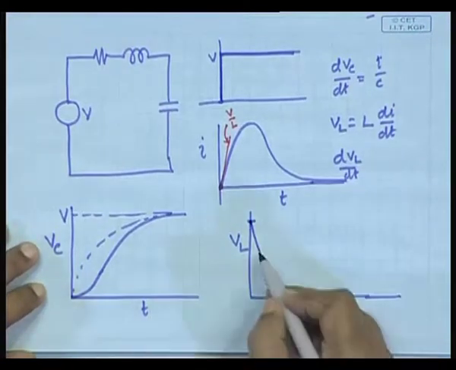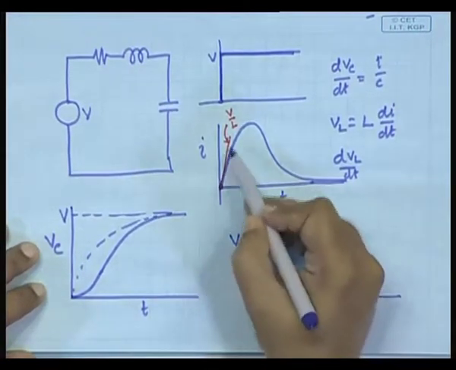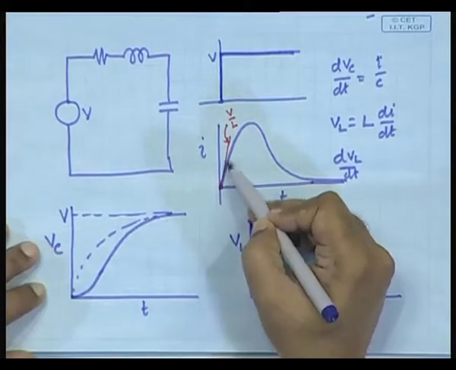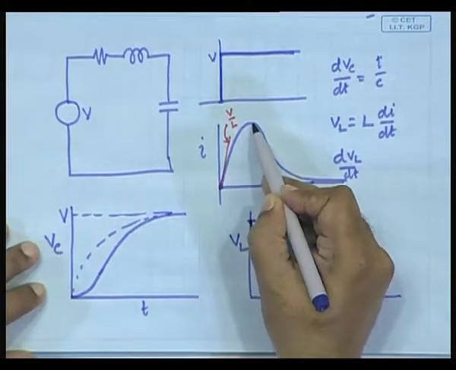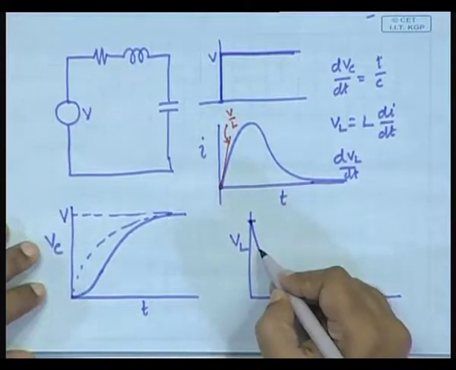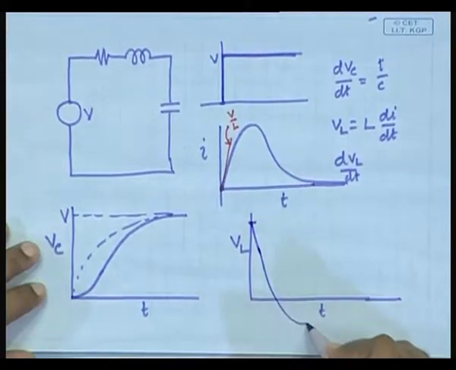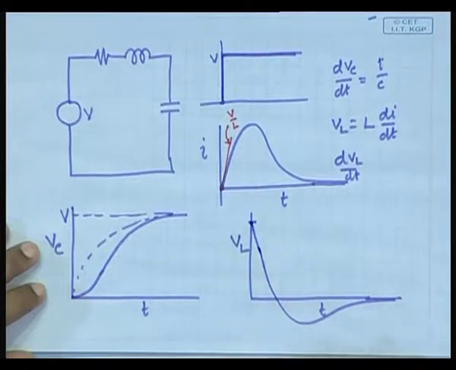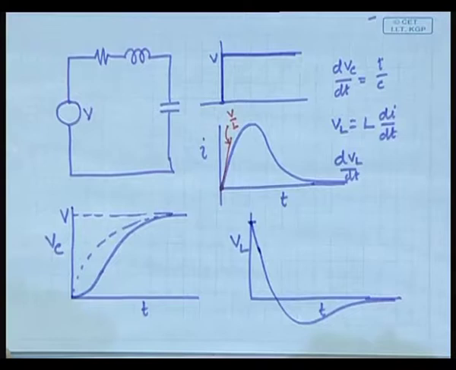Fine, but will it go like this? No, because the slope reduces and finally goes to 0 and then goes negative, and so it has to go negative and then it has to go like this. Fine. So, does it logically sound?